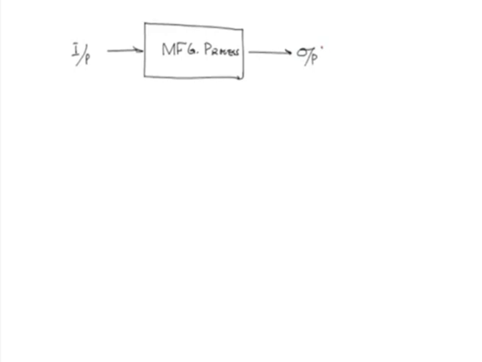So, this can be explained like this. So, basic manufacturing process is nothing but, if this we consider as a manufacturing process, and this is the input and this is the output.